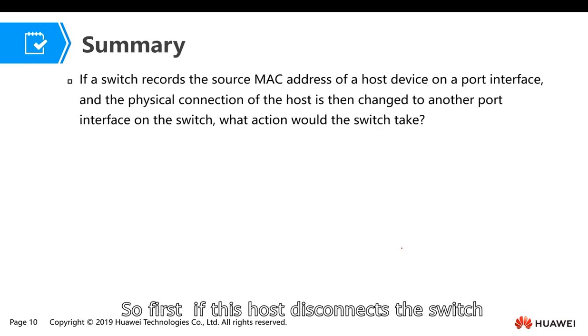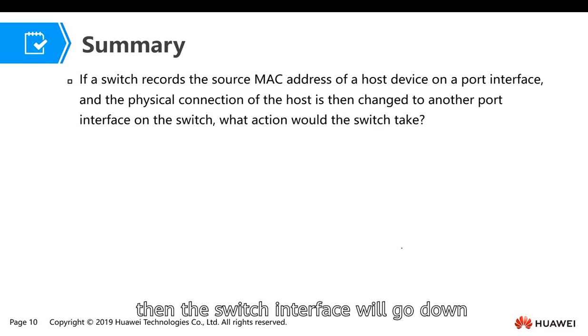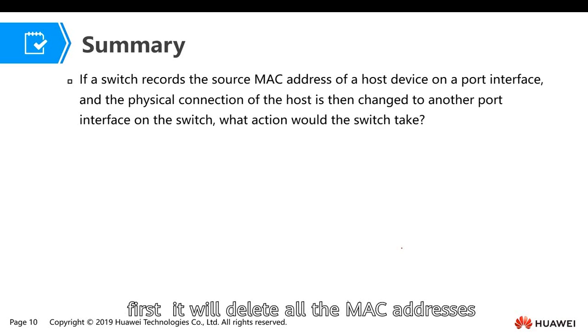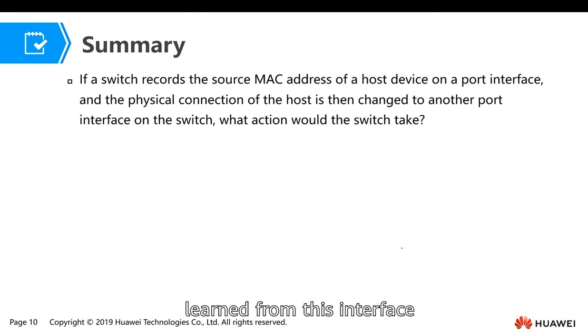First, if this host disconnects from the switch, then the switch interface will go down. If the switch interface goes down, the switch first deletes all the MAC addresses learned from this interface from the MAC address table.